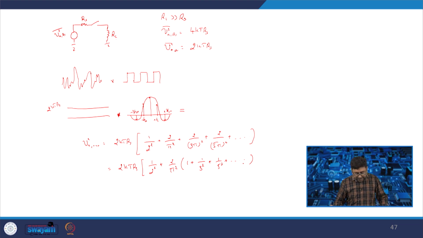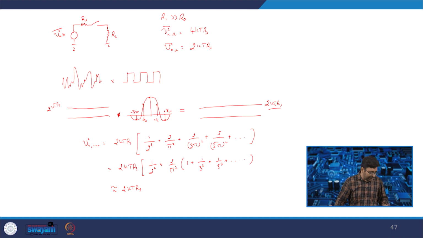So, here we can consider the final output is equivalent to 2 kT RS. So, the output also has a noise which is 2 kT RS.